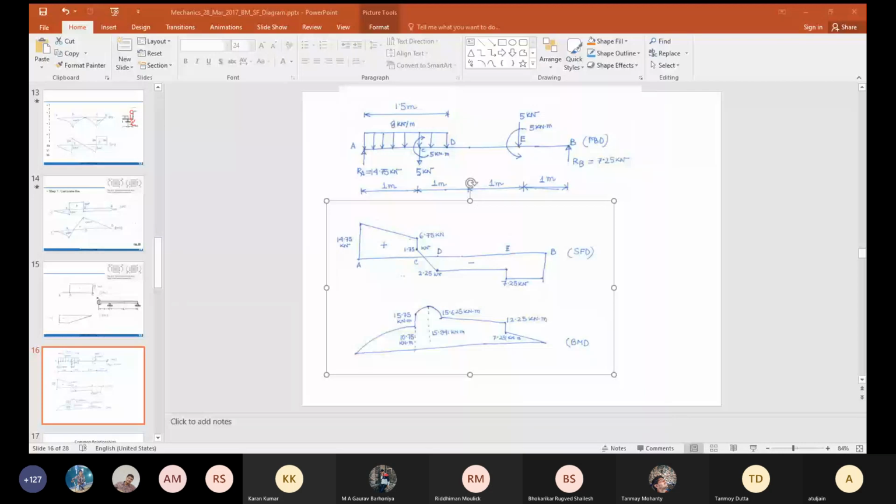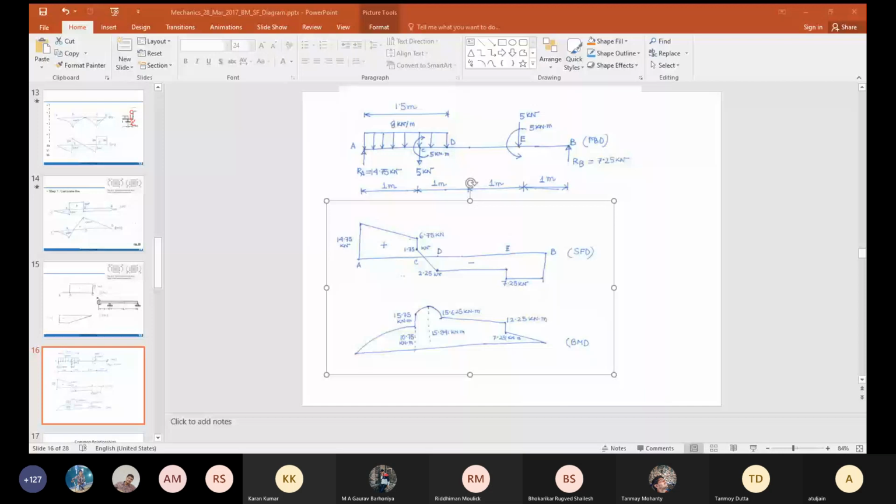Then from C to D, what can we expect? From C to D, there is 8 into half into 8 into x square. Let me do this. So let us try to draw.